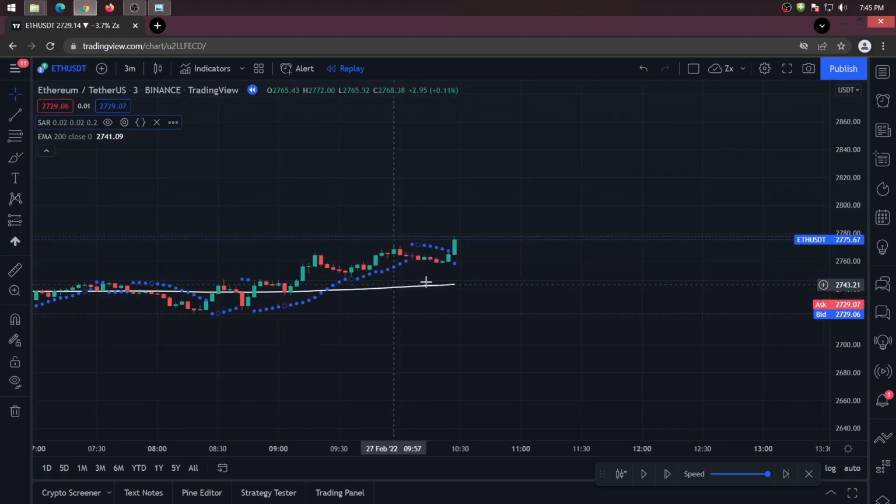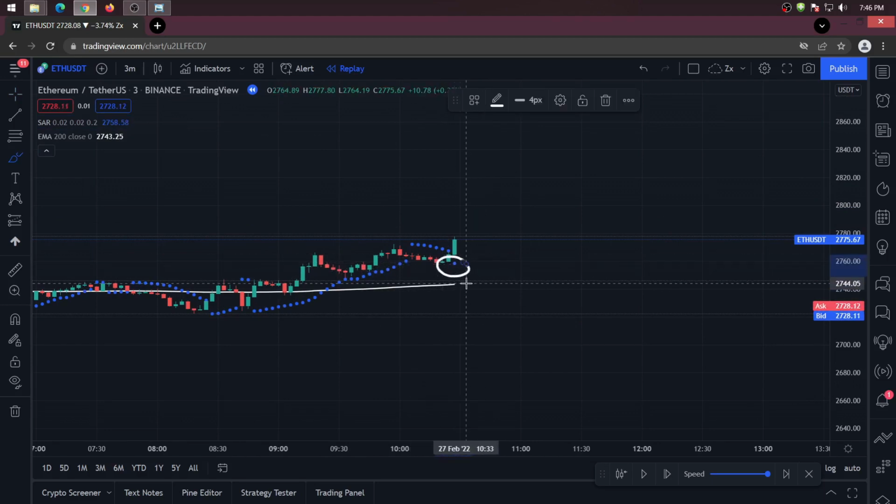So in this chart you can see the price is above the 200 EMA, and the parabolic SAR is below the candle, which means an uptrend. This is our entry point, and let's see what happens.